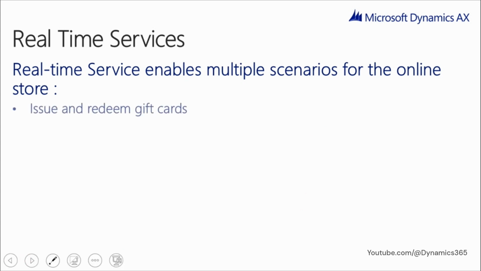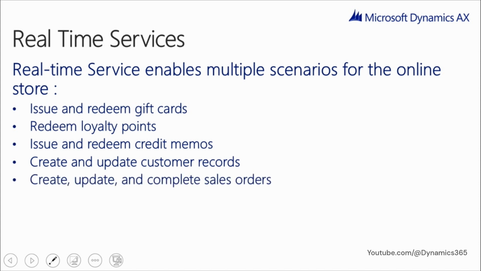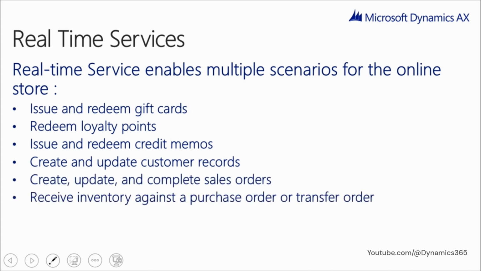First would be issue and redeem gift cards, redeem loyalty points, issue and redeem credit memos, create and update customer records, or create, update and complete sales orders, and even inventory against a purchase order or a transfer order, and last but not least, inventory counts. So this kind of direct data which we need in real time, we will connect from the online store to Dynamics AX through real-time services.